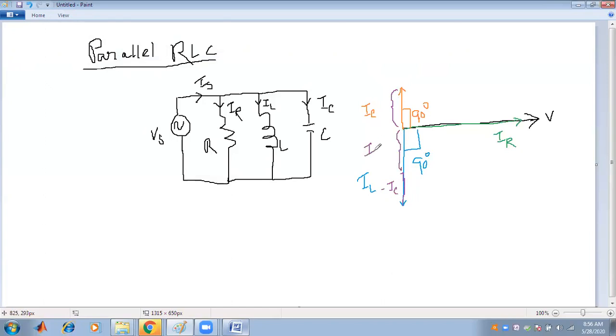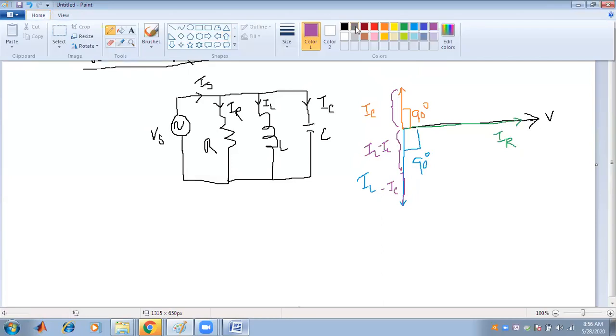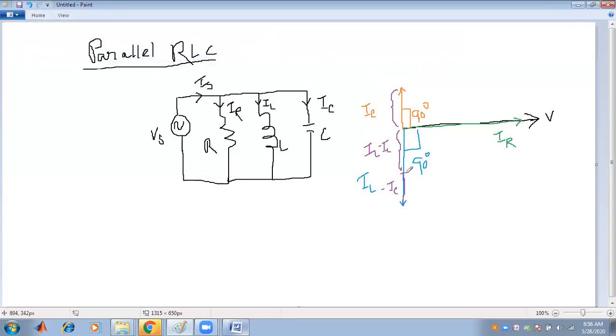The process is the same as we have done before. So the resultant value will be this one, the current I, which is the vector IL minus IC.